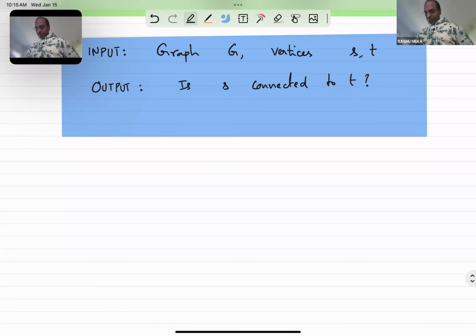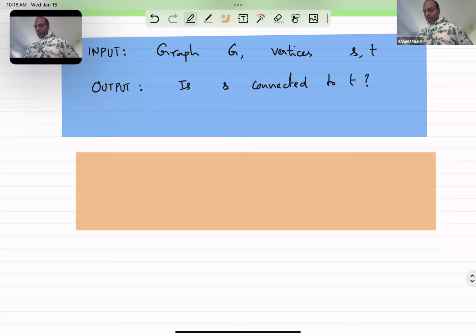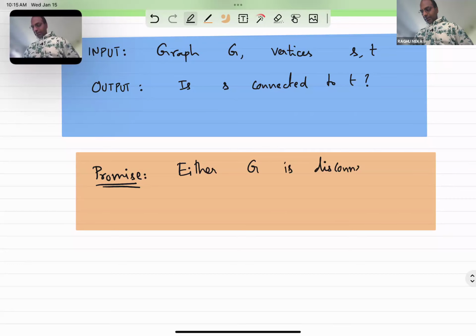Okay, the promise is that this graph G is somehow well structured. Okay, so the promise is that I'm not giving you the absolutely hardest possible instance of this problem. The promise is that either G is disconnected, or actually, let me just say it this way.